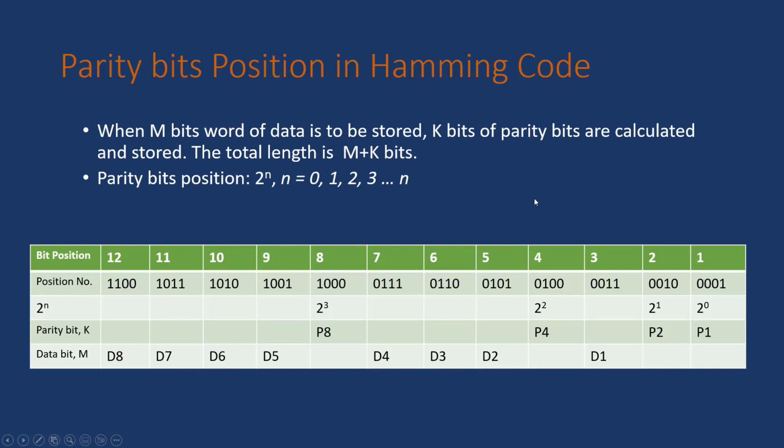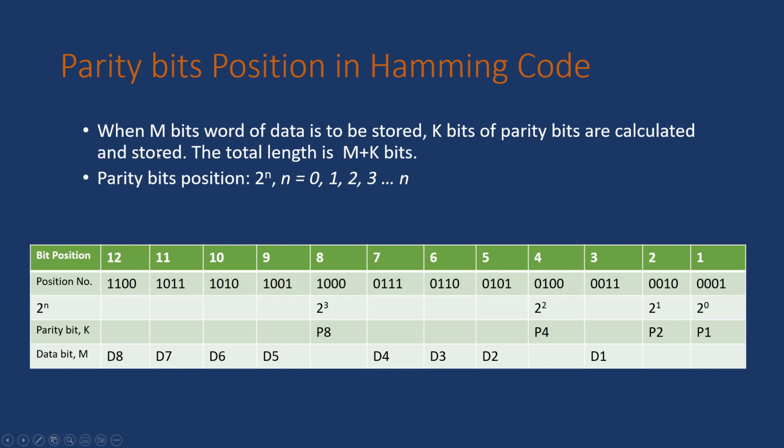Let's take an example of the parity bit positions in the Hamming code. How do we insert the parity bits? Basically, if we have m bits of data to be stored in memory, we need k bits of parity to calculate and save together with this data.